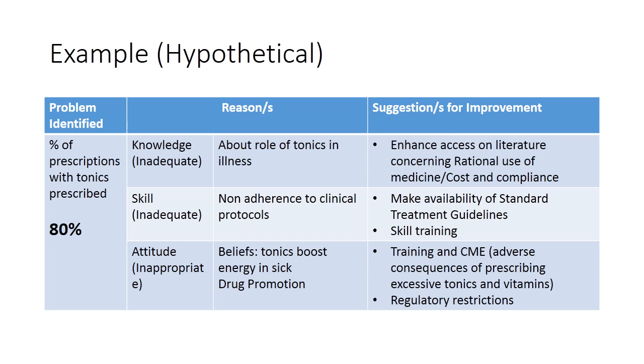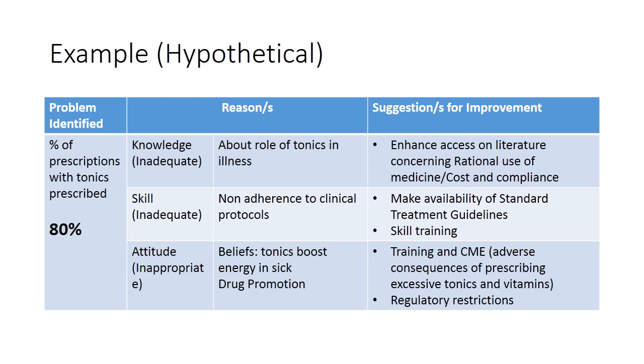It was found that 80% of prescriptions contained tonics. Now, does it mean that all the 80% of the patients had malnutrition and needed multivitamins? Therefore, the reason may be inadequate knowledge, inadequate skill, or inadequate attitude on the part of the prescriber.